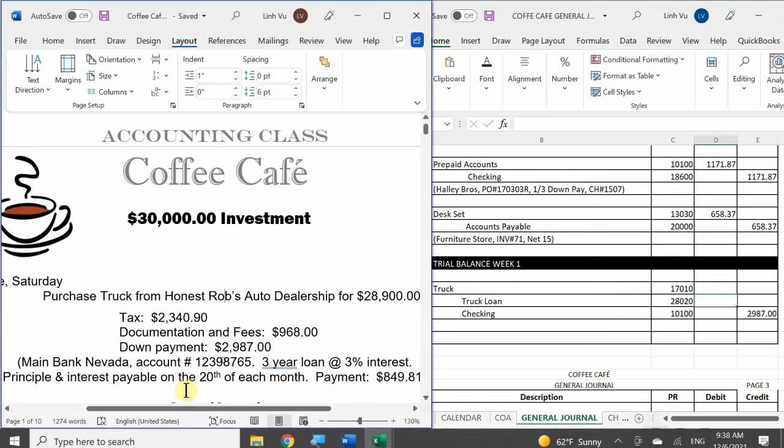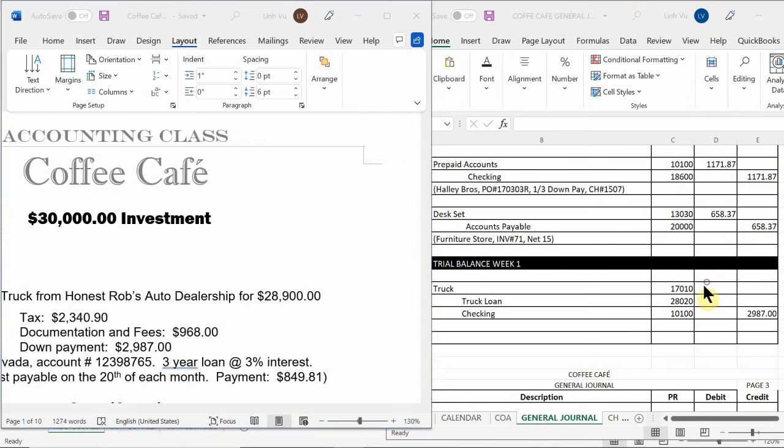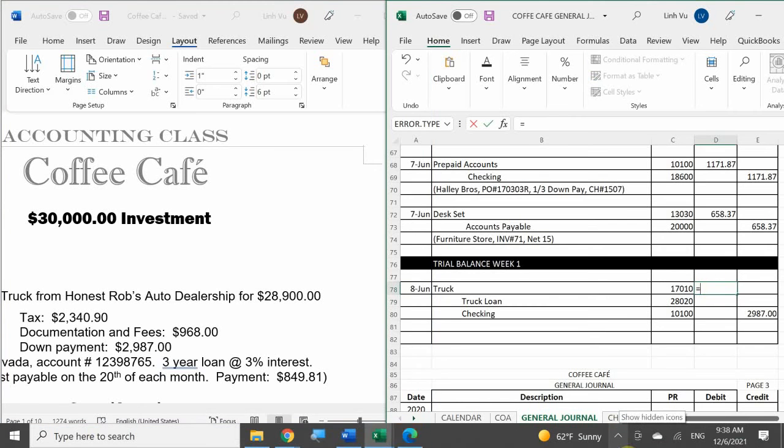The truck that I originally purchased is for $28,900. I need to include the tax, and I also need to include the document fees. And of course, I need to also subtract out my down payment, because that's not going to be included in the price. Actually, no, sorry, that's your loan.